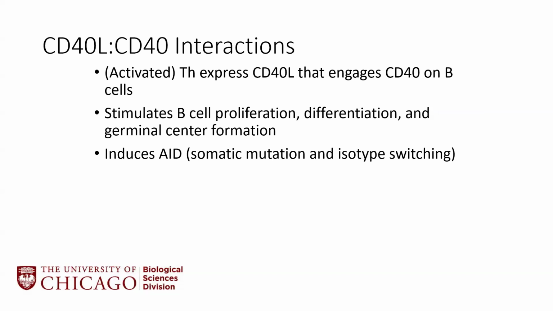And this will stimulate B cell proliferation, differentiation, and germinal center formation. And then it induces something called AID. I do think that's probably an important one to start committing to memory, AID, which will start the process of somatic mutation and isotype switching.